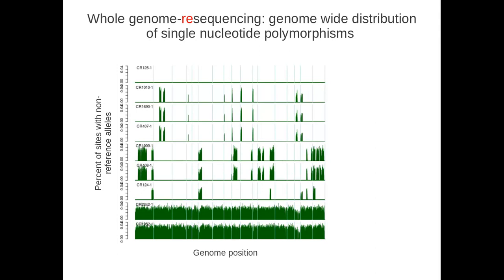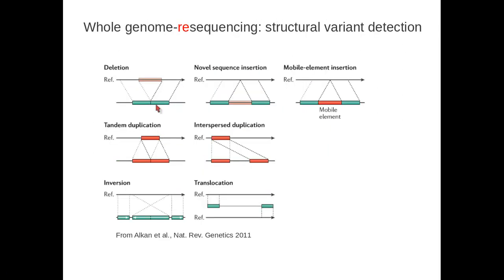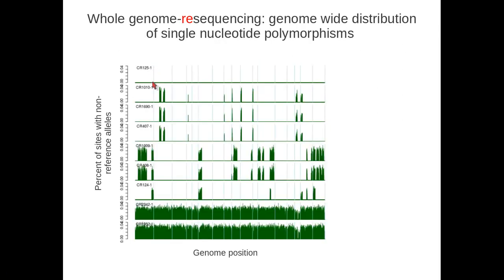So in the end, what you end up with, this is some of my own data from some resequencing we've done. What I've done here is report the density of non-reference SNPs in individual samples. Each one of these samples is a unique strain of algae. I've taken data from all 17 chromosomes in this particular species and delimited the chromosomes by these blue lines.